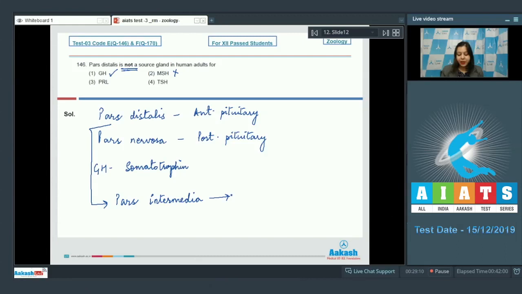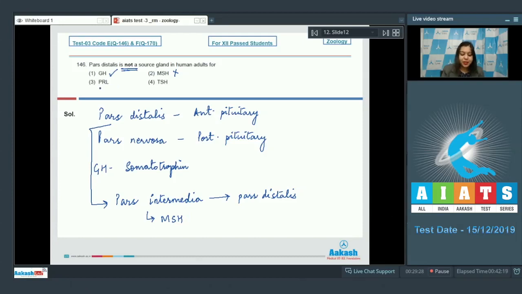The pars intermedia eventually merges into pars distalis. This pars intermedia, or the intermediate pituitary, secretes MSH, that is melanocyte stimulating hormone.